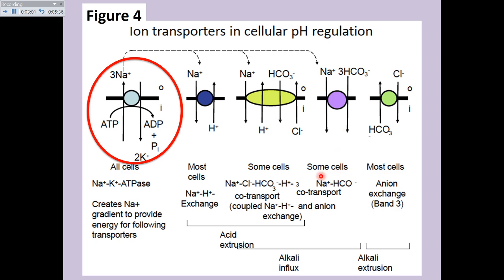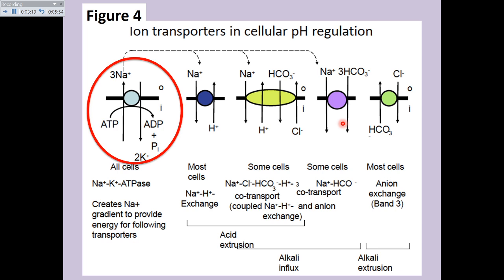And in some other cells of the body, we have Na bicarbonate co-transport. It is the same: when the Na gradient is there and Na decreases inside, there will be Na entry and HCO3 entry.